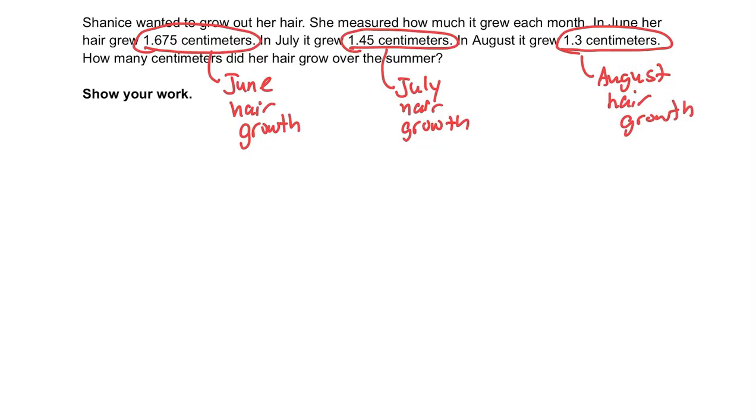And we want to know how many centimeters did her hair grow over the summer. Well, we know that it grew this much in June, this much in July, and this much in August. So how do we find the total amount it grew? Well, we would have to add all those values.